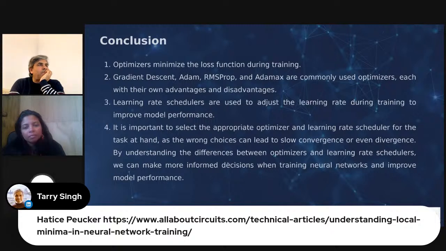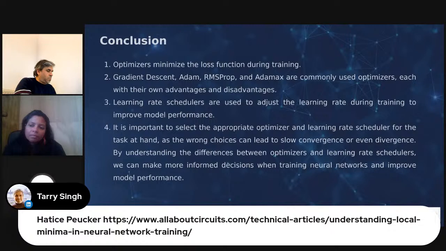Apart from that, there are learning rates. When you don't get good performance on the model, or maybe you are overshooting the global minima, then you use a learning rate scheduler so that you can direct your optimizer on where to get the least error and reach the global minima.